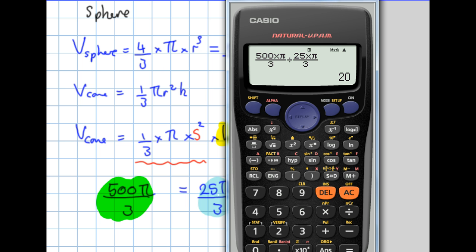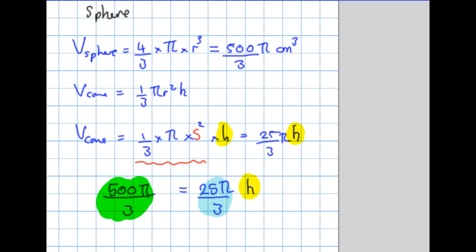The answer is 20. h equals 20. Does that make sense? Yeah, if h was 20, 20 times 25 is 500, so we'd have 500 pi/3 equal to 500 pi/3. Right, let's just pause there and now look at another solid question.